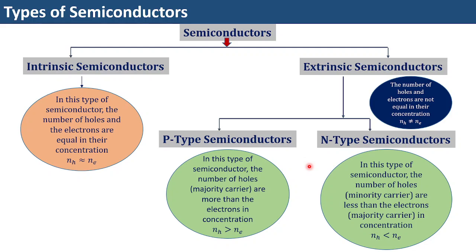These two are the intrinsic semiconductors. It means if you just take a single crystal of silicon or a single crystal of germanium, you will have the number of holes and the number of electrons to be the same. And that is why they are known as intrinsic semiconductors. But if you dope, if you add some impurities into silicon or germanium, they will behave either as an n-type extrinsic semiconductor, or as a p-type extrinsic semiconductor, depending on what kind of impurity you have doped over there.